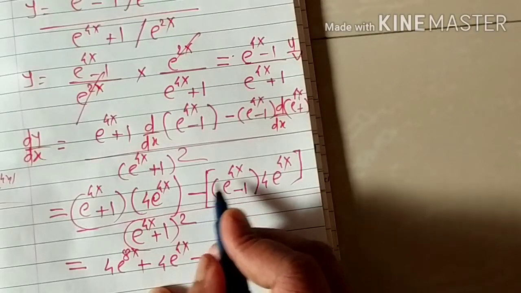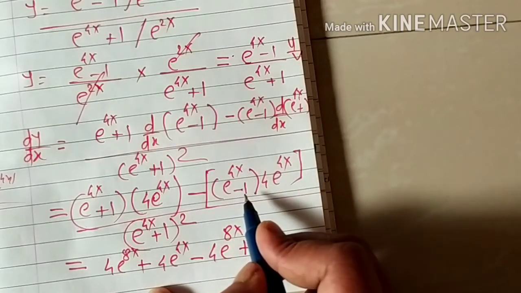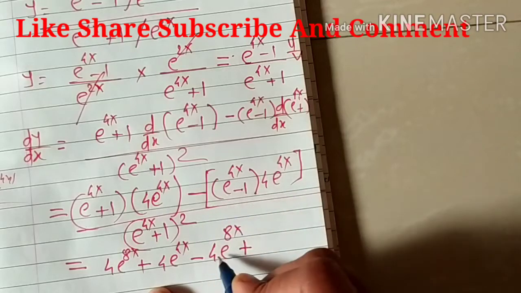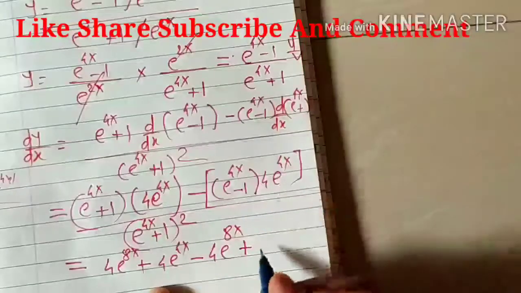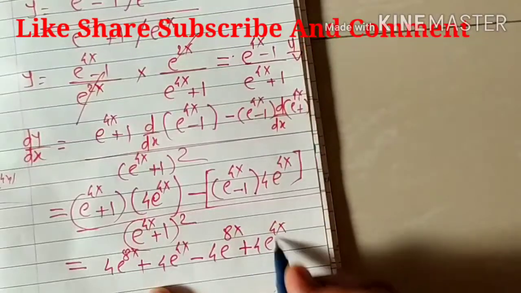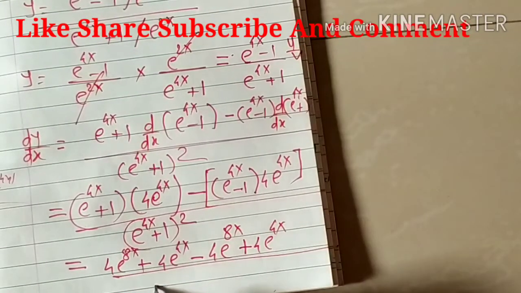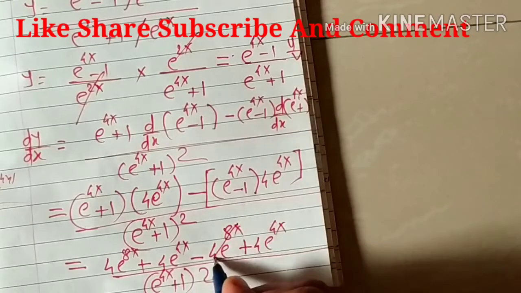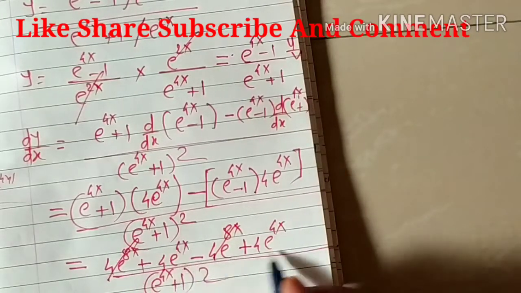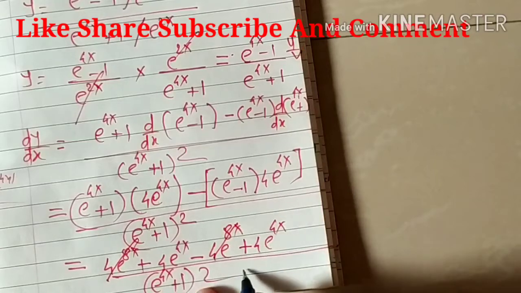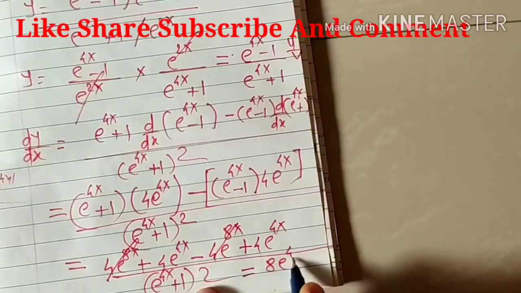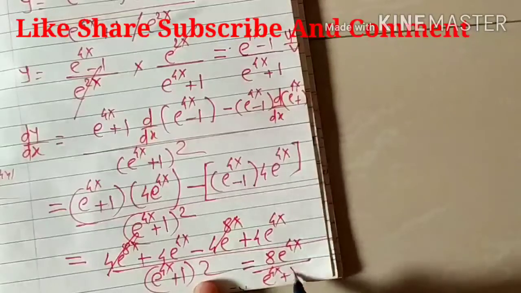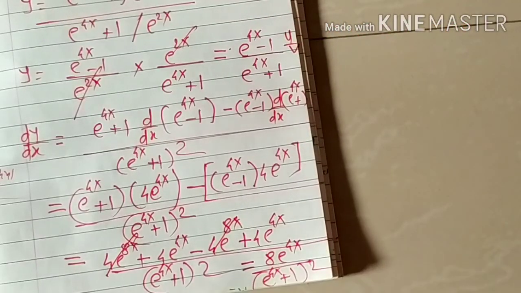Okay, when we multiply inside, it means 4 e raised to 8x and minus 4 e raised to 4x, multiply by the minus inside, then minus 4 e raised to 8x and this minus becomes plus, means 4 e raised to 4x, divided by e raised to 4x plus 1 square. The plus and minus, and plus and minus get cancelled, the remaining is 4 times, that is 8 e raised to 4x, divided by e raised to 4x plus 1 square, which is the value of the derivative.